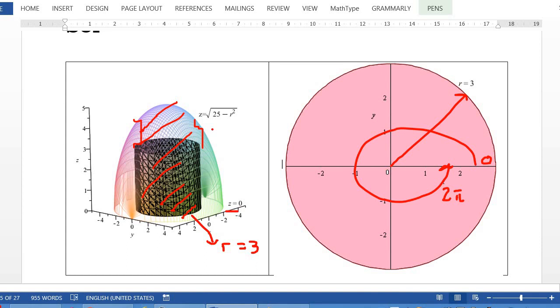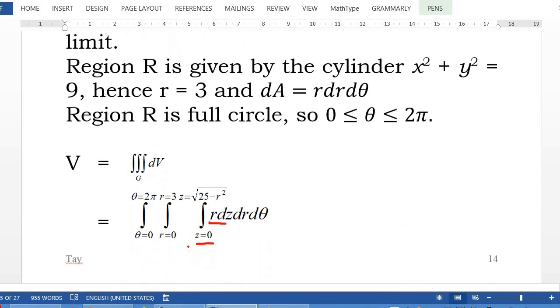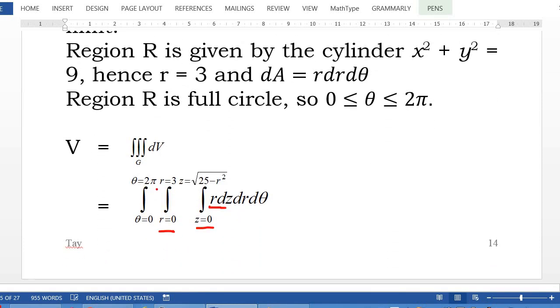Hence the limits for z and theta are the same, only r goes from 0 to 3, because the side is a cylinder of 3 units.